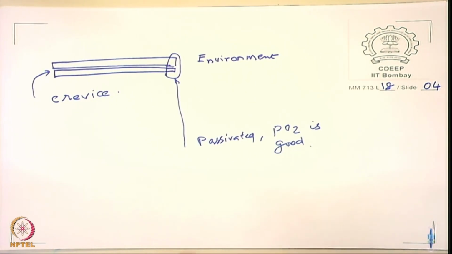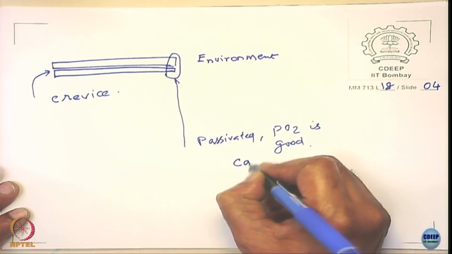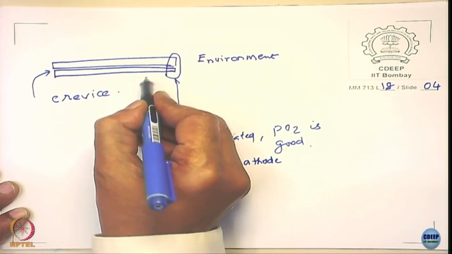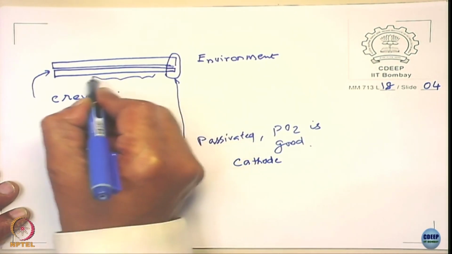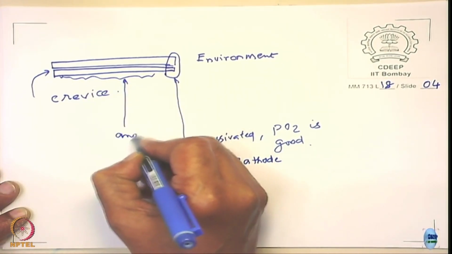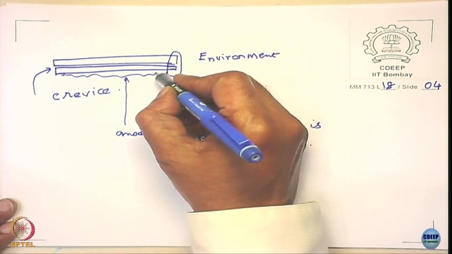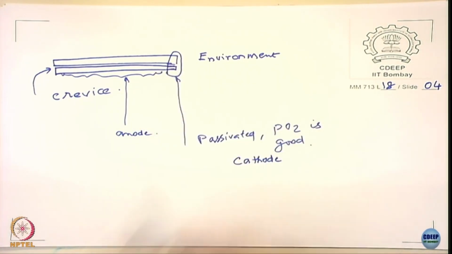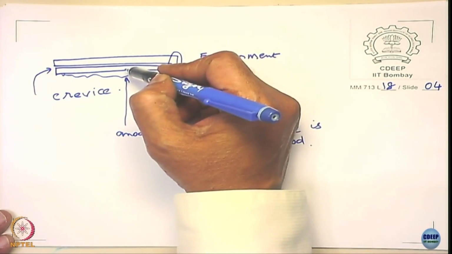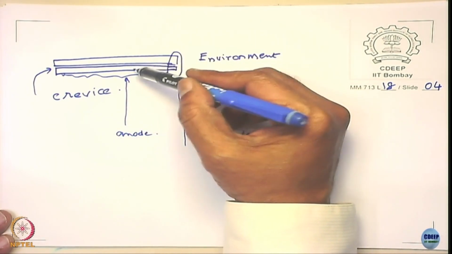So what will happen is that the crevice mouth is going to be a cathode, and all these areas are going to be the anode. Now the cathode drives the corrosion of the anode, right, isn't it? The cathode drives the corrosion of the anode.